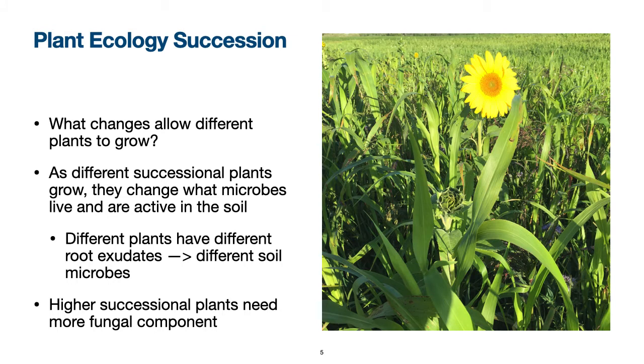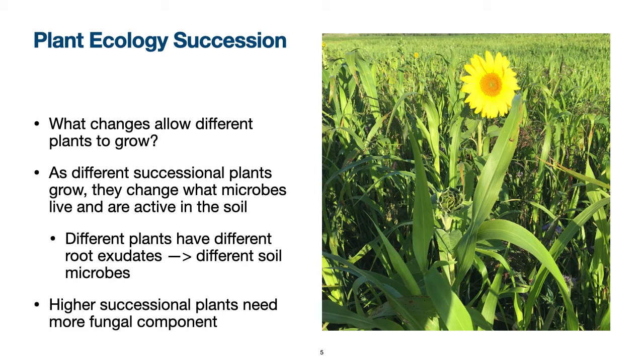So what changes to allow different plants to grow? As we have these different successional plants growing, they will have different root exudates. The different root exudates are going to help stimulate different types of soil microbes in our soils and allow them to thrive.